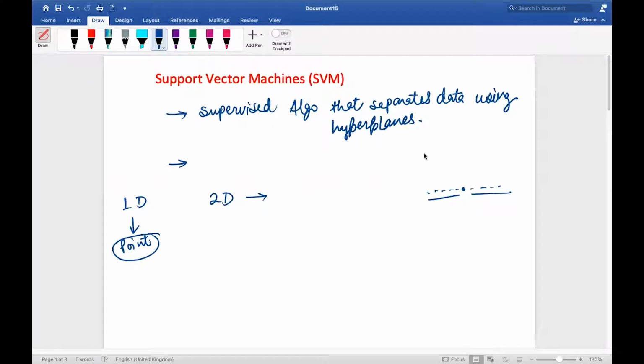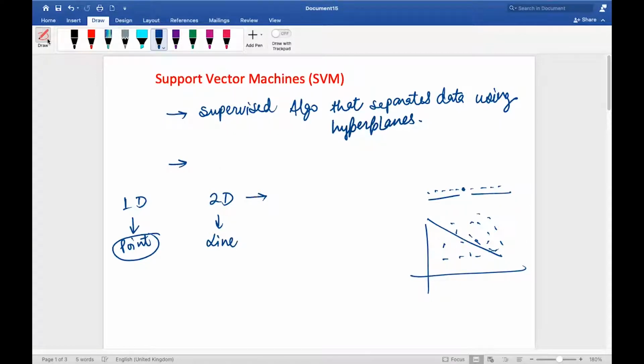What about when we have two dimensions? Can I separate all the points by drawing just one point? No, I'll have to draw a line. So for 2D, we need a line, right?